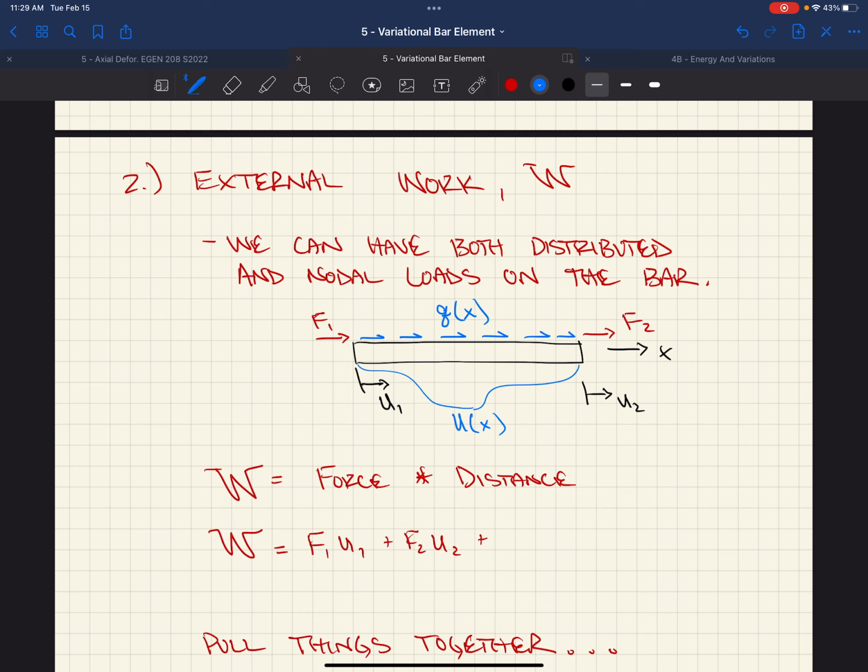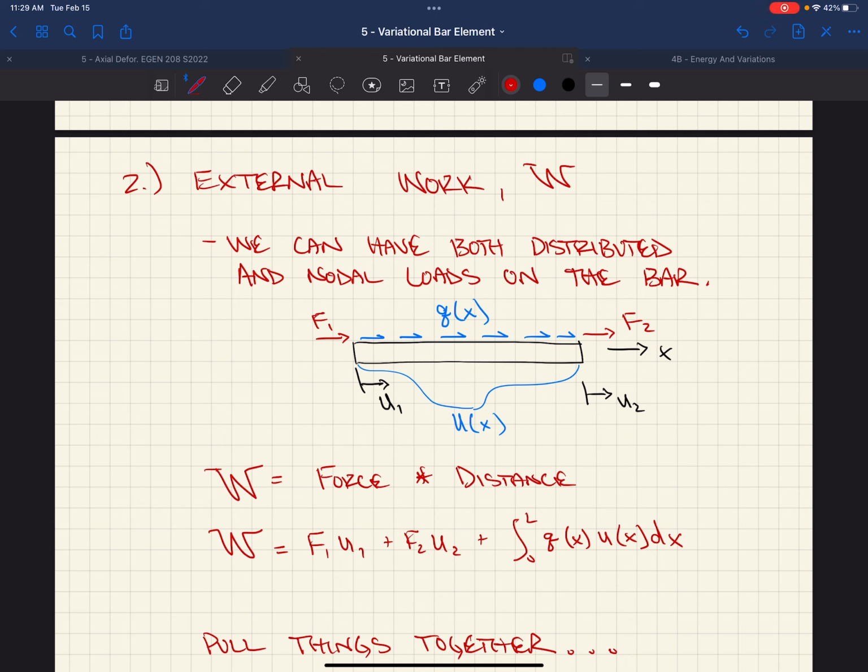And so we can really look at the work done by this distributed load as the work done by each of these individual components of the distributed load over the displacement that the bar undergoes at each of those locations. So we are looking at an integral from 0 to L, over the entire length, of Q sub x times U sub x dx.